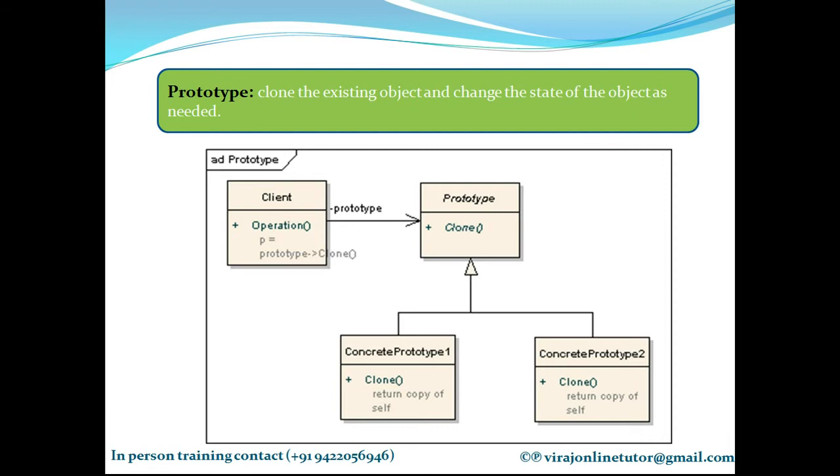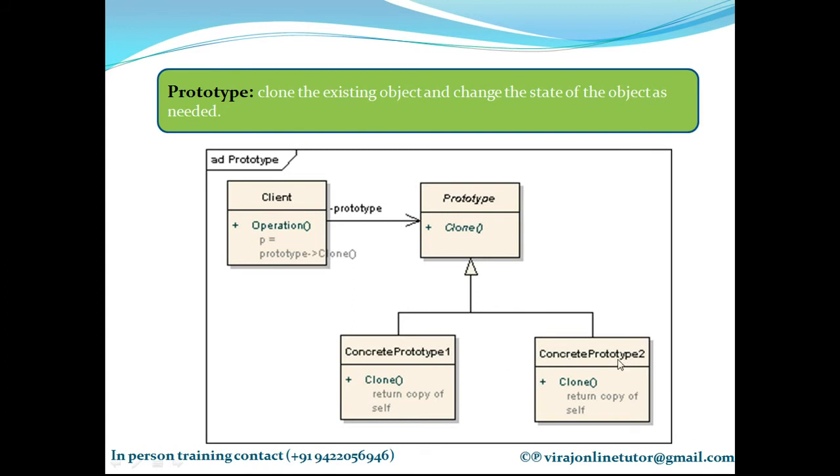From this prototype, I have two different classes which are inheriting: concrete prototype 1 and concrete prototype 2. What does concrete prototype 1 return? The clone function returns a copy of itself. Very important: prototype returns a copy of itself.